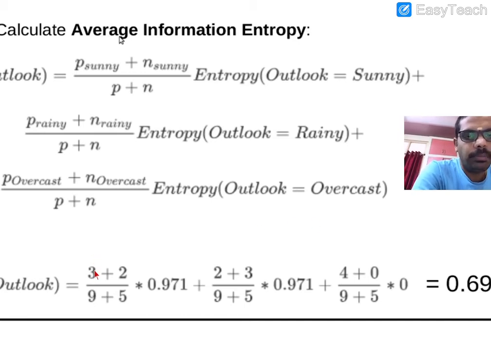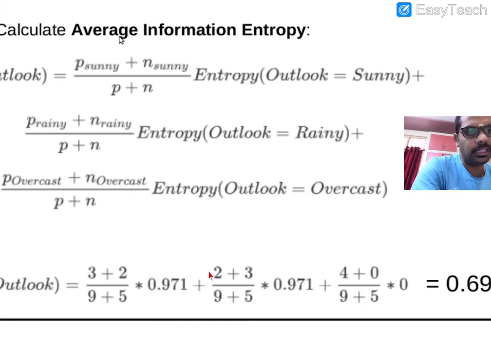See there, 3 plus 2 by 9 plus 5. Here 9 plus 5 is the total number of positives and negatives. Whenever it is sunny, 3 positives, 2 negatives. Whenever it is rainy, 2 positives, 3 negatives. Whenever it is overcast, 4 positives, 0 negatives. This is the total number of records, 9 plus 5, and this is the entropy of the entire data set. Using this we computed and got 0.693.